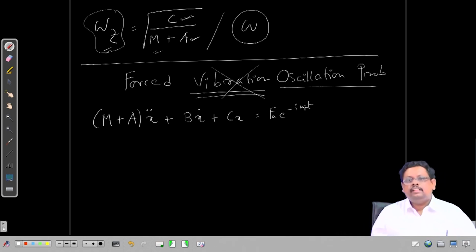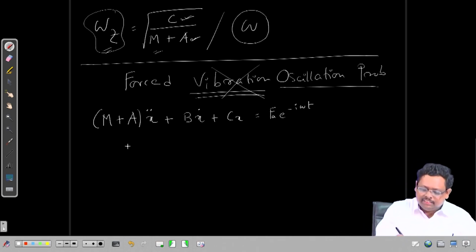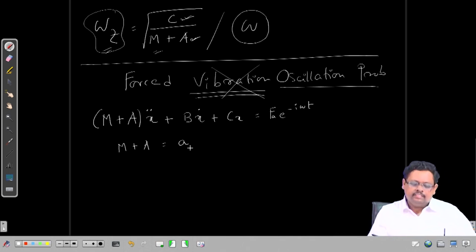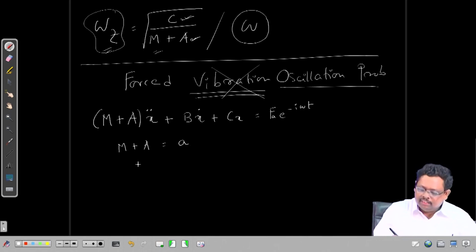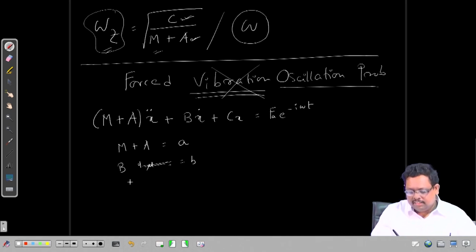forcing function, right. And then let us make some kind of simplification, I say nomenclature. You can call m plus a is equal to A, and then capital B equal to small b, and then capital C equal to small c.